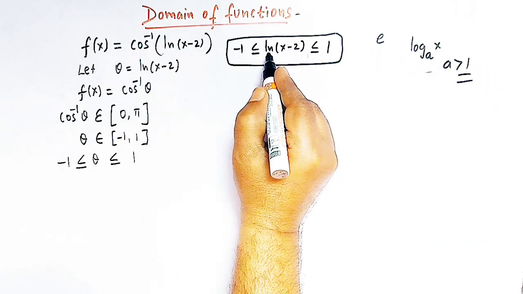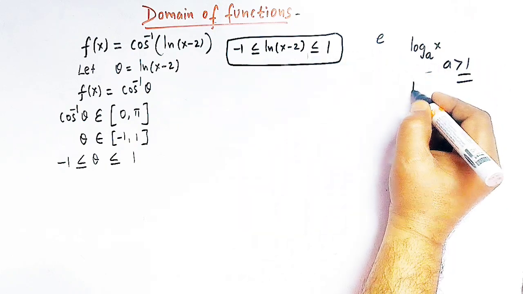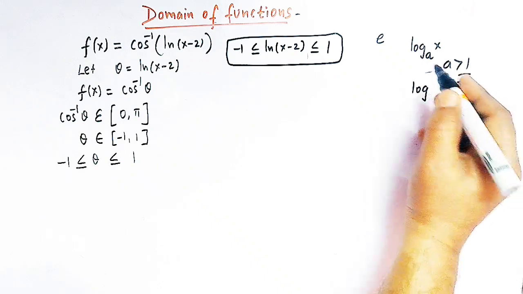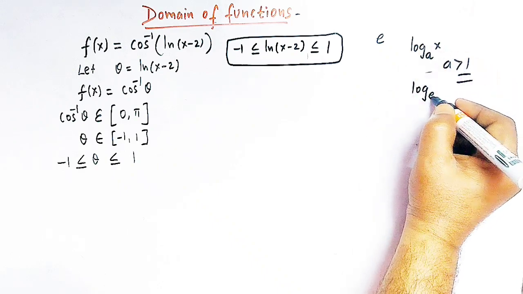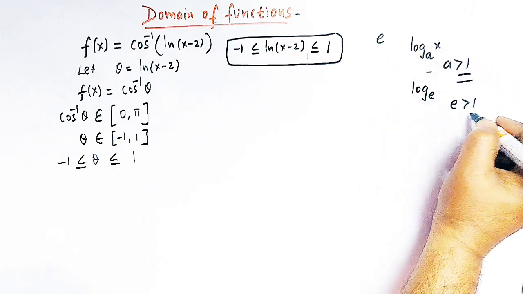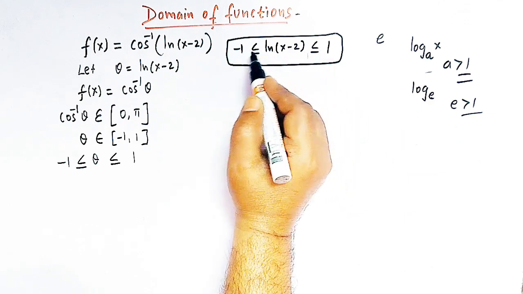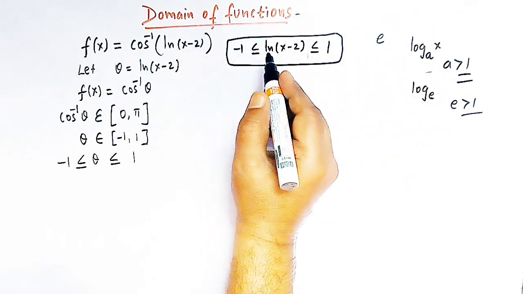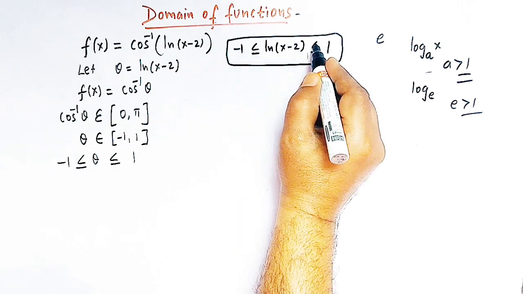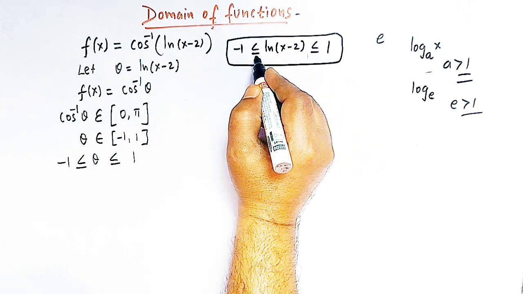And here we have the natural log, and it implies that we have the base of the logarithm as e, and e is greater than 1, right? So we can raise these three numbers to the power of e without disturbing the direction of the inequalities.